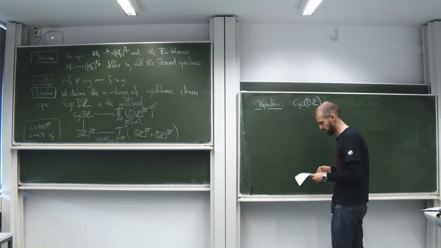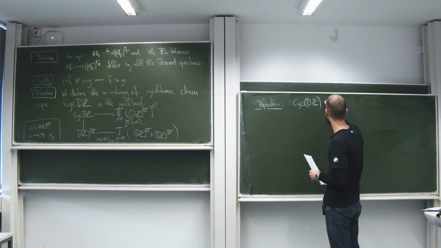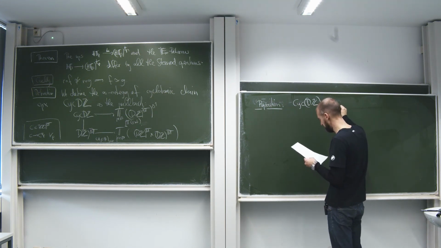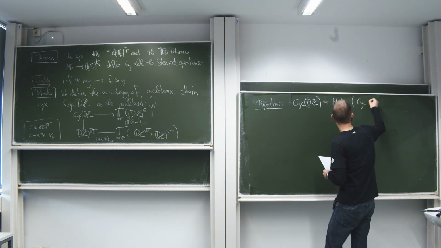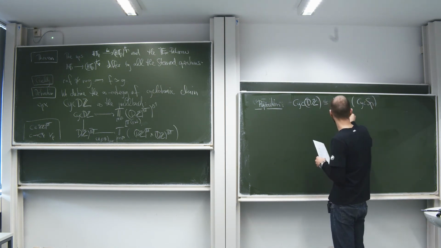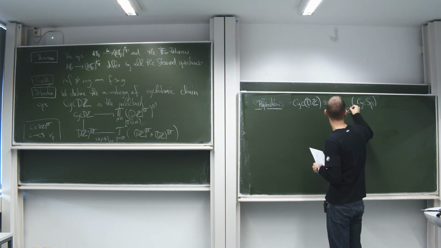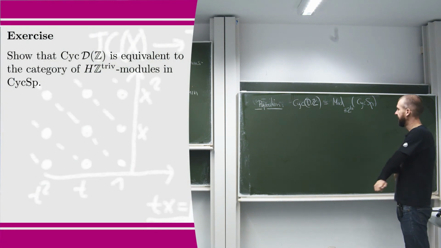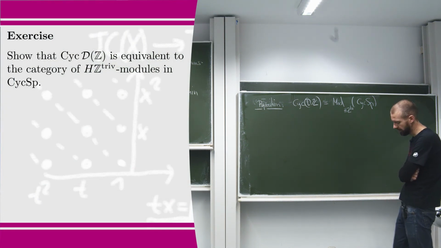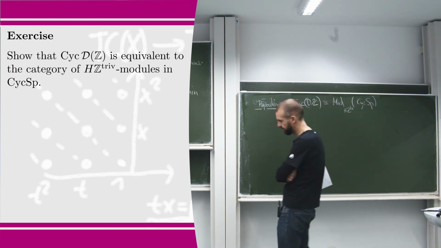We just apply it to chain complexes. So the statement is that the category of cyclotomic chain complexes is in fact the module category in the symmetric monoidal infinity category of cyclotomic spectra over HC TRIF. And this I want to leave as an exercise.